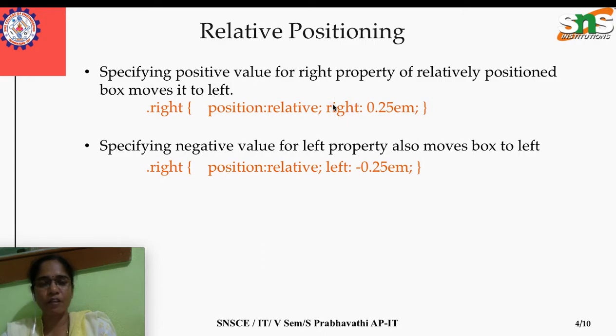Likewise, a positive value of left will move the box to the right side. Instead of giving left 0.25 em, the same thing can be applied as right minus 0.25 em. Both will have the same effect.